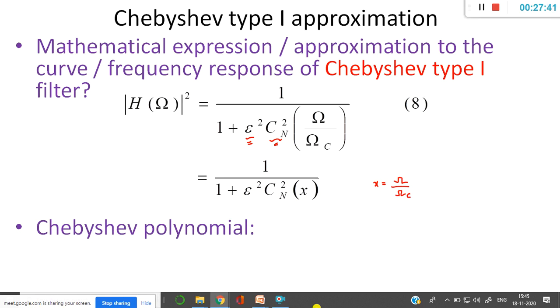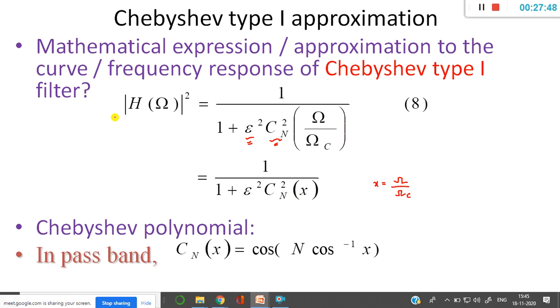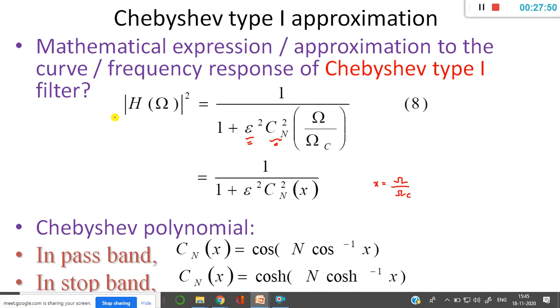So now these two denominator terms are always called the Chebyshev polynomial, in passband and in stopband. So look at this. This is Cn of x. We call it the Chebyshev polynomial, a quadratic value here, which is going to be represented as cos of n into cos inverse of x in the passband.